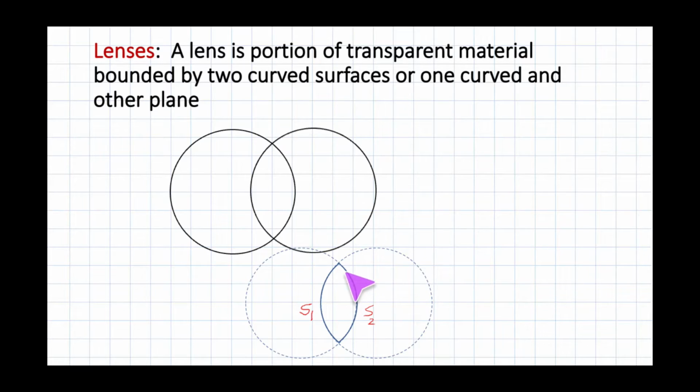You should remember that surface S1 is a part of this circle, so that is why this radius R1, which is from the optical center to the right, is considered to be positive. That means R1 is positive. Similarly, this is the second surface, S2, which is a part of this circle, and the corresponding radius of curvature, R2, is considered to be negative. That we already saw.